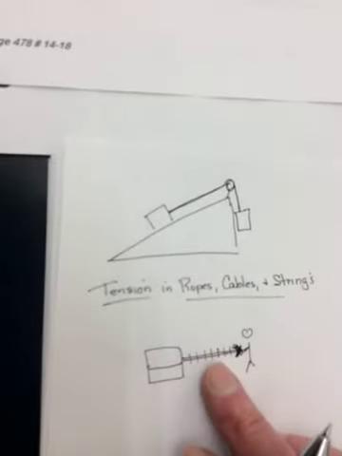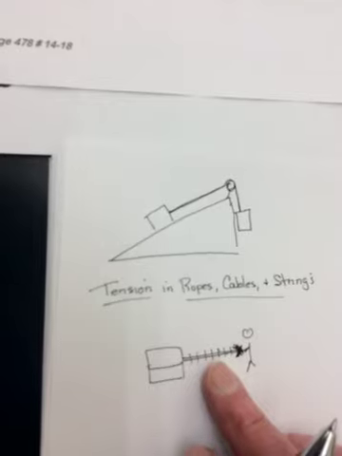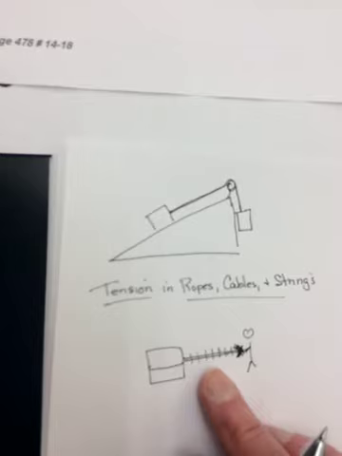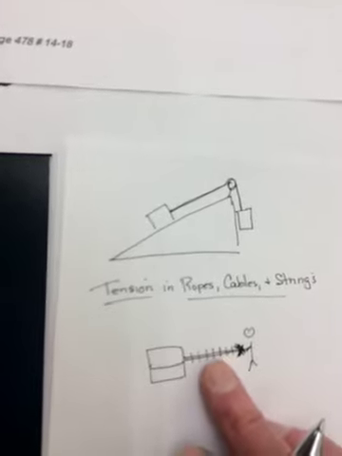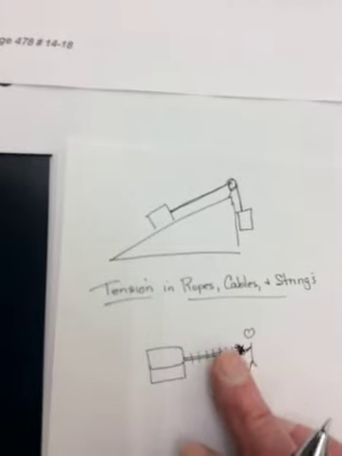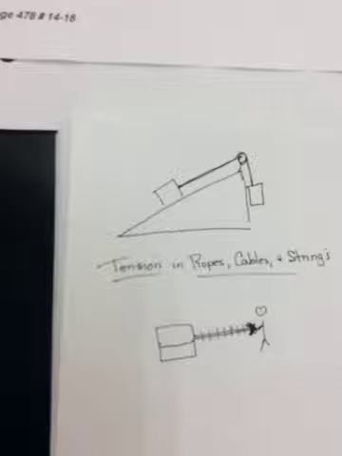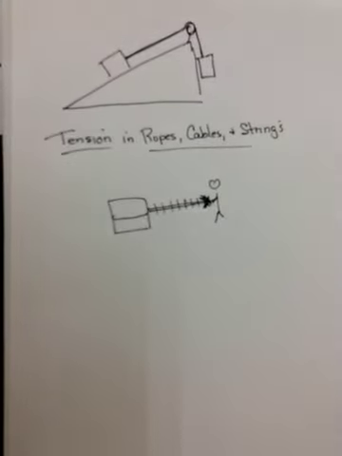Okay, so it's a force whose magnitude is exerted on and by a cable, rope, or string, and each section of the rope exerts a force equal to what it experiences from the adjacent section, thus passing the force down the cable. Now, we have to make three assumptions when we work with cables, ropes, strings, etc.